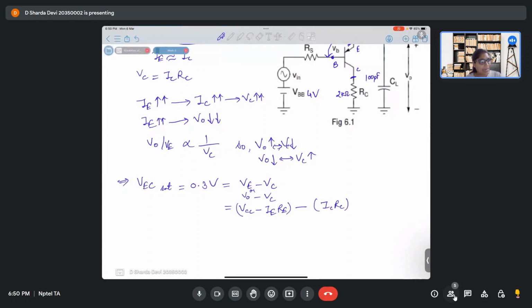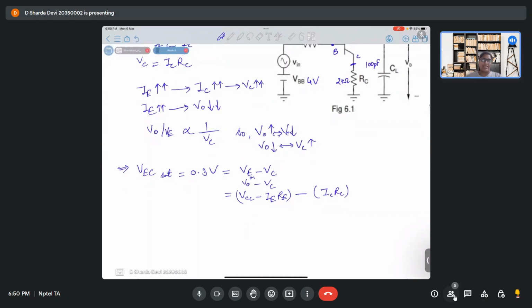This is how we are writing it. So considering that IE is almost equal to IC, we can write VCC minus ICRE minus ICRC to be 0.3.